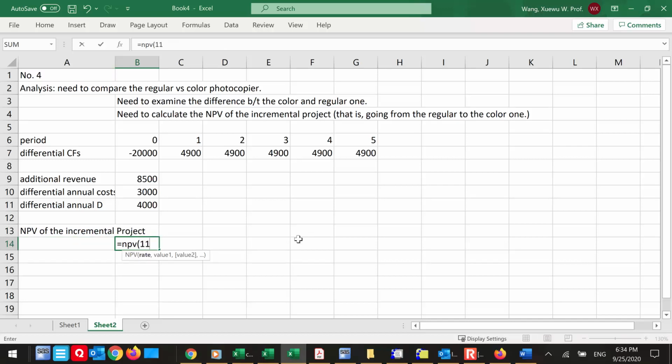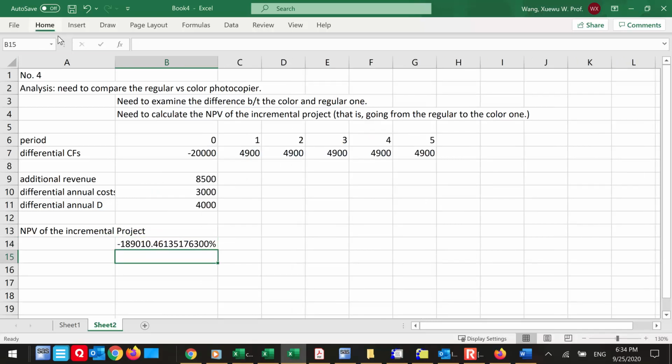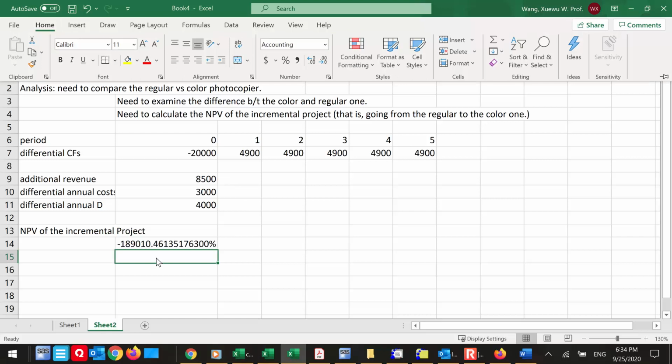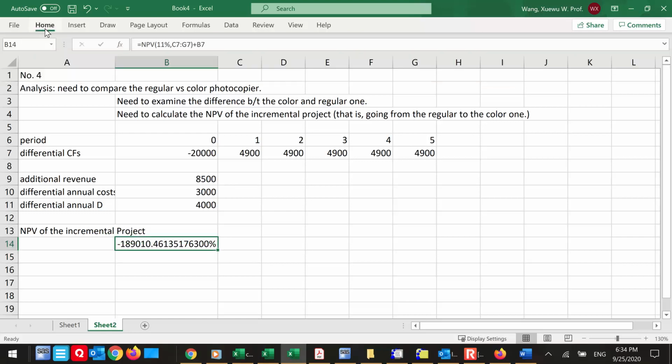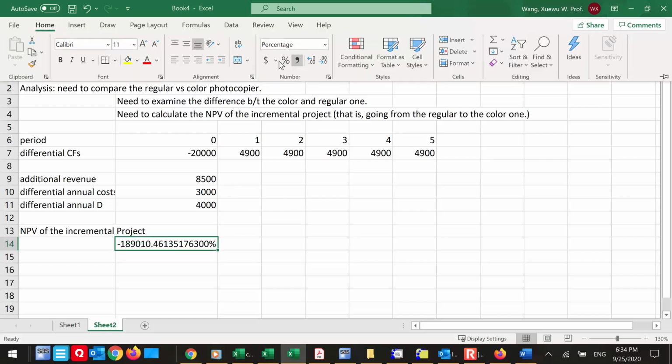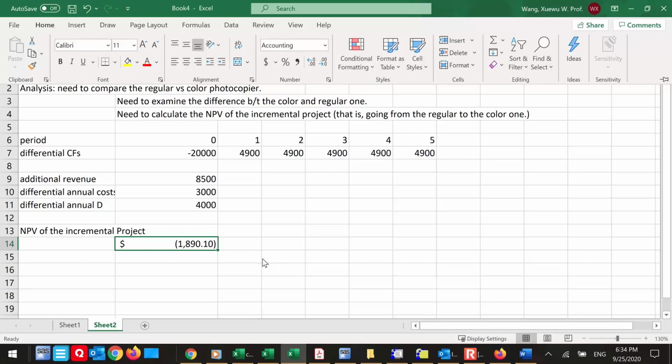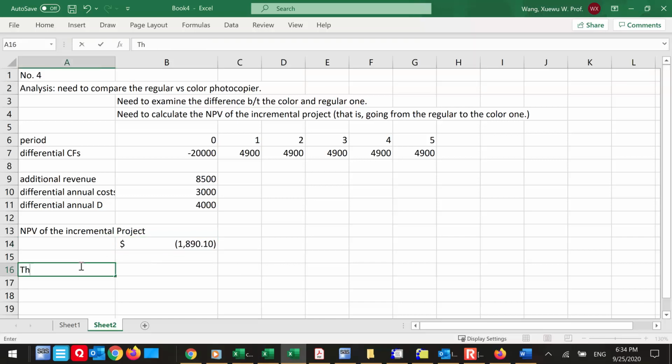The rate is 11%, and the values are the cash flows in the future. And I need to put back the initial investment. If I do that, I get negative 1,891.90. So the incremental project of going from regular to color is a negative NPV project.